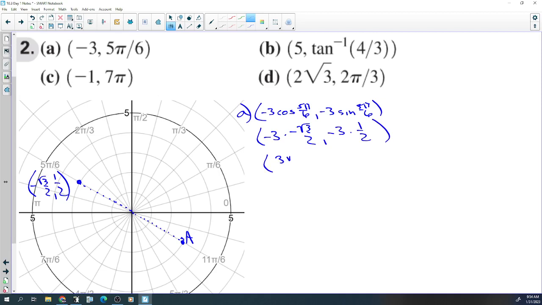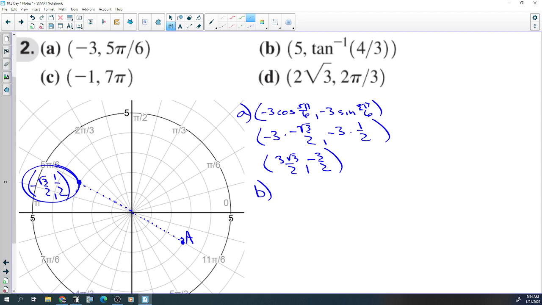So it's 3 square root of 3 over 2 and negative 3/2. So that's why with a negative r, it reverses the signs. So now you're going in the other direction. See how it all works out? I love it.